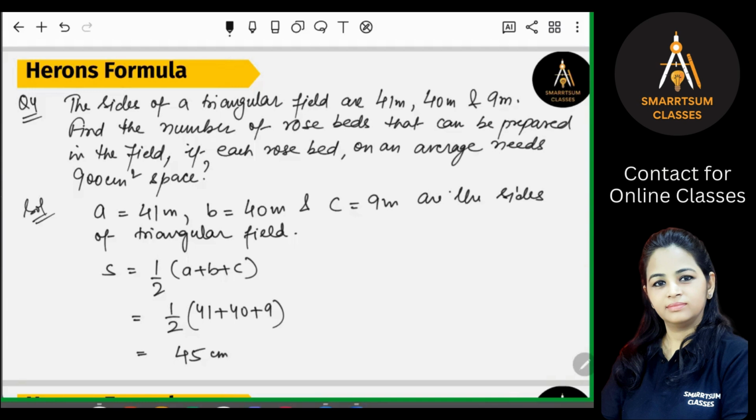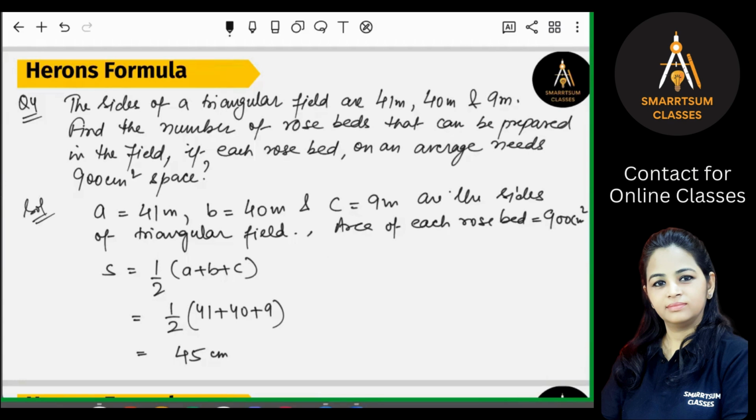Now in the question, the area of each rose bed is also given. Write down the area of each rose bed: each rose bed is occupying 900 centimeter square.